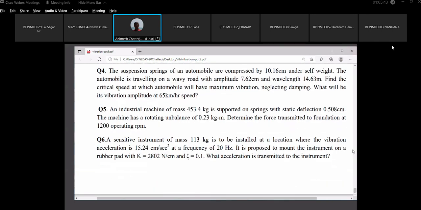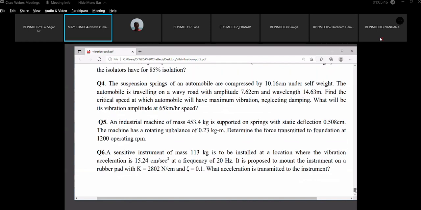One more PPT is also there, sir, from the second last class. Which topic? Half power bandwidth. I told you in the class to derive that. I said that you all write it down and derive it. Yes, sir, but the derivation I asked you to do in the class.